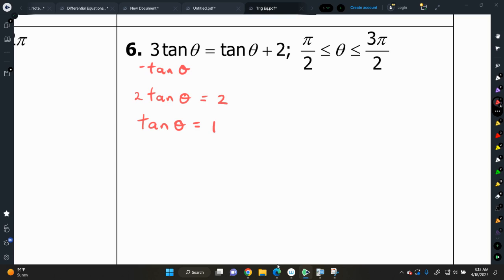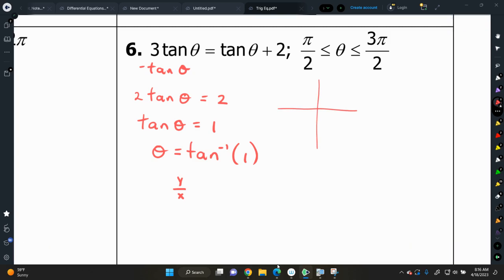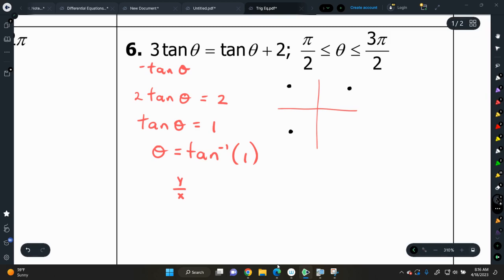Okay. So we have theta equals inverse tangent of 1. So this means where is the y over x equal to 1? So where is tangent equal to 1? Y over x, the y and the x have to be the same. So that's going to be here at these 45-degree angles, which is pi over 4.